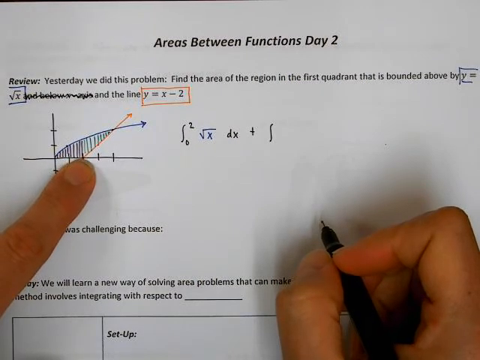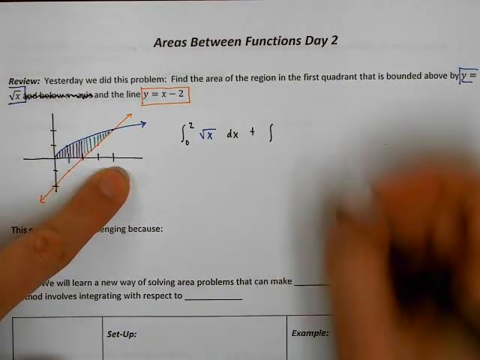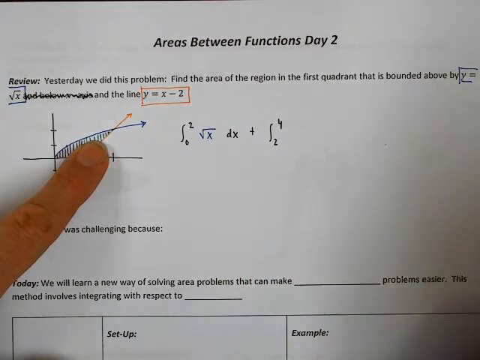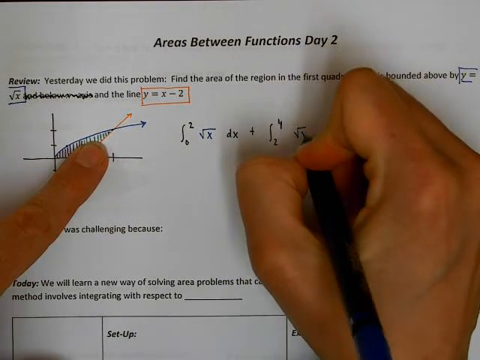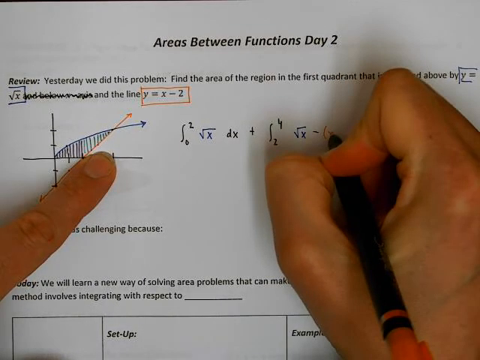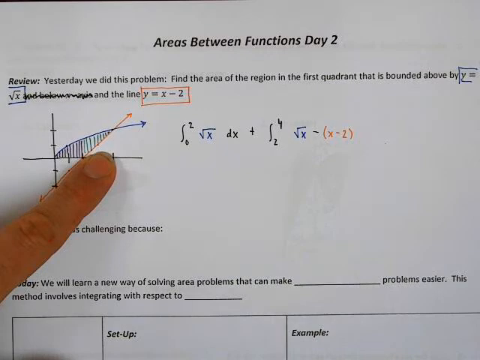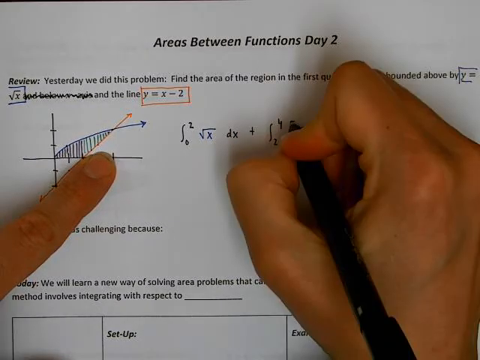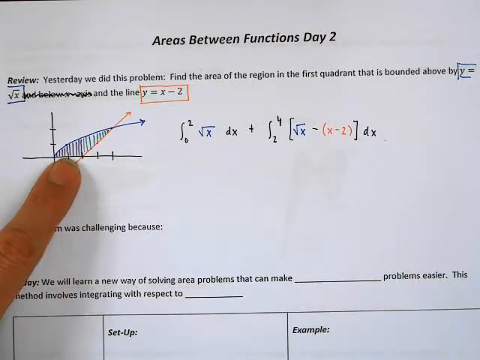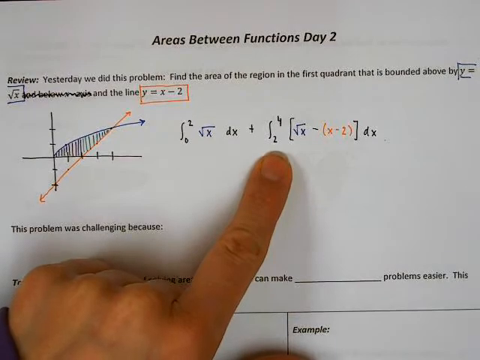Now we switched, our x values were from 2 to 4. Our top curve was still square root of x, but now our bottom was this x minus 2. So because that bottom function changed, we needed two integrals.